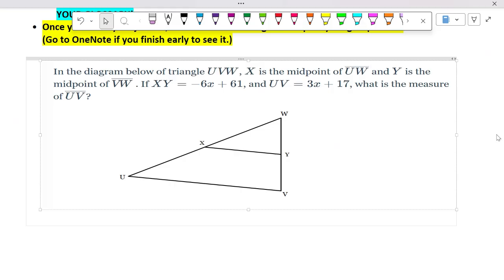What's the relationship between this line and this line, besides the fact that this is half of this? They're also parallel. Good. And how's the mid segment formed? How do you make a mid segment?